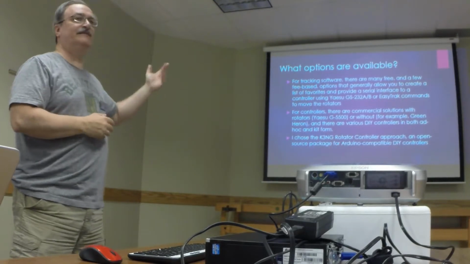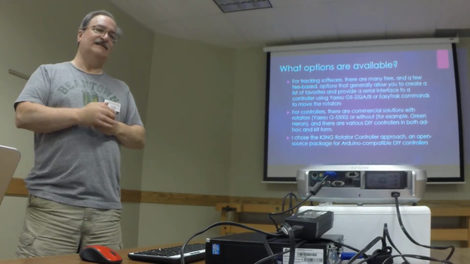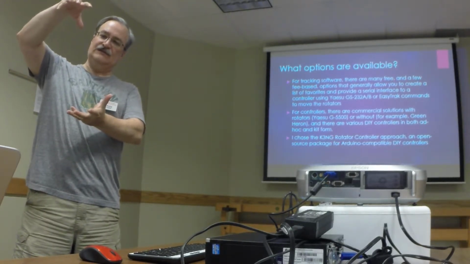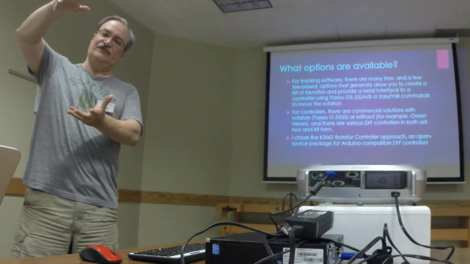Is that what the Yaesu is? That's what the G5500 is. It's an all-black painted rotor that looks like your typical Cornell Dubilier. So the picture I'm going to show you is going to be very similar.